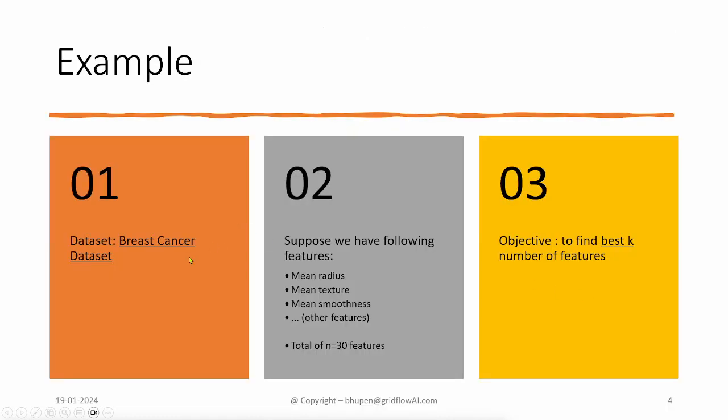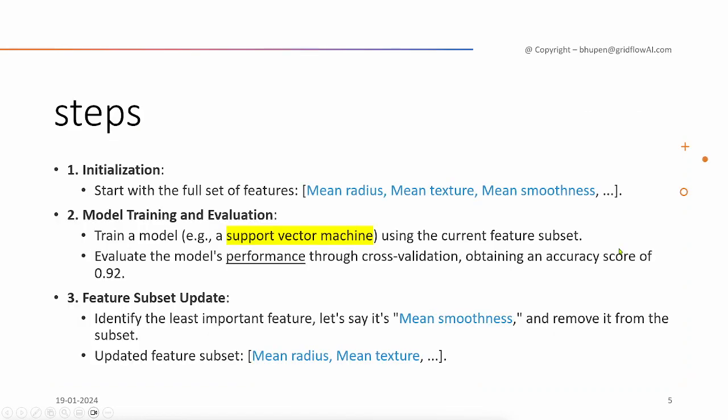So let's take an example here. Let's say we have a breast cancer data set, which is available as part of scikit-learn. And we know there are 30 odd predictor columns in the data set. It's about classification, and the objective is to find out the best k number of features.